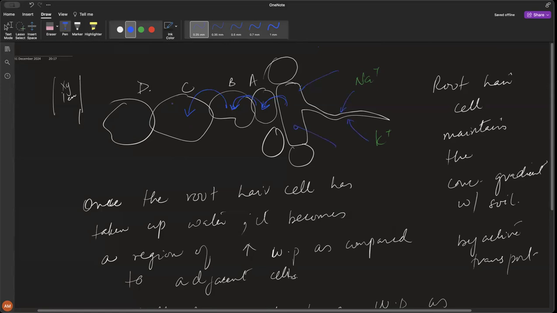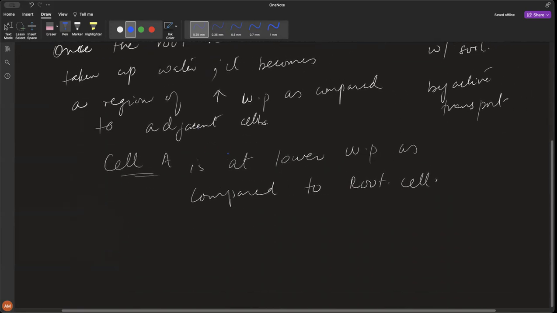And once C receives water, D becomes a region of lower water potential and water moves from C to D. Similarly, it ultimately starts moving up the xylem vessel. All of this movement, once established, also develops a root pressure. We'll talk about it. All right, so we'll write it down.